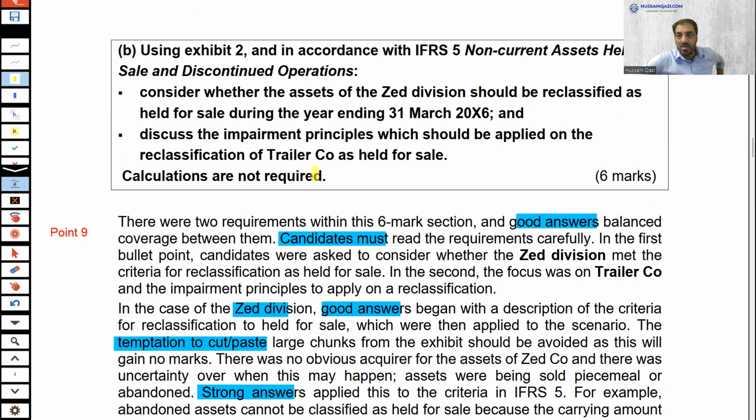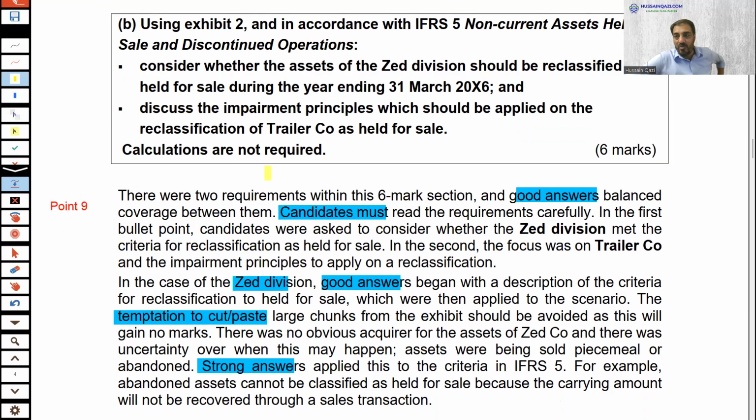You know very well, for the examiner report, we have more concern about the weak points and the complaints rather than the good answers. But overall, we can read this. There are 2 requirements with 6 marks. Good answers balance coverage between them. So you need to split your answer.